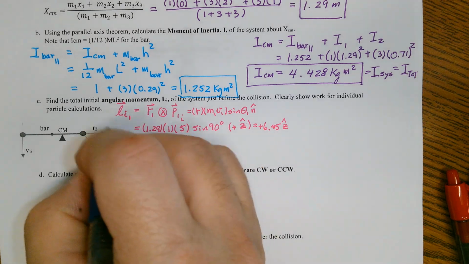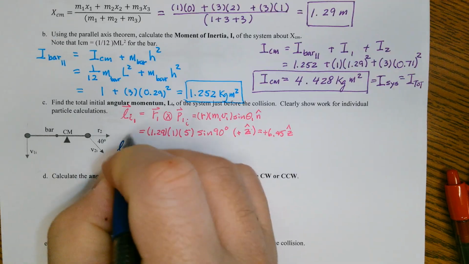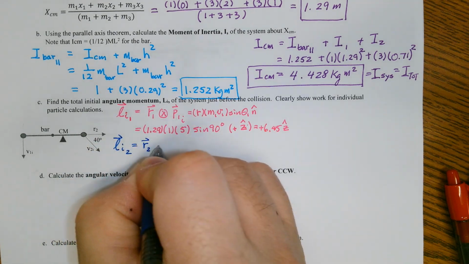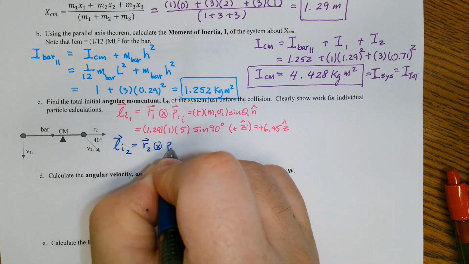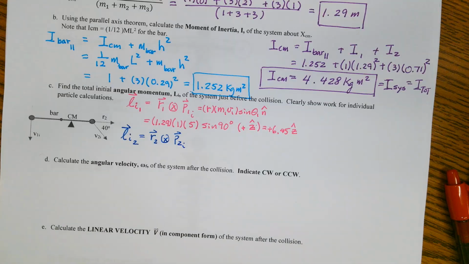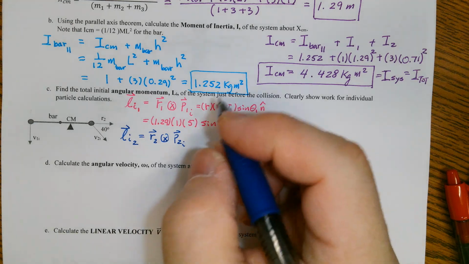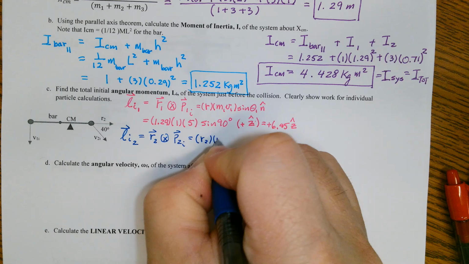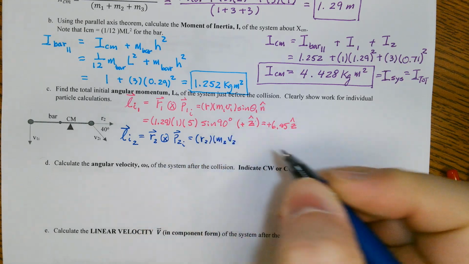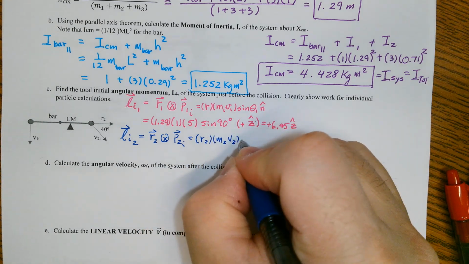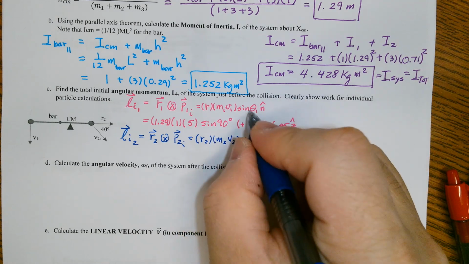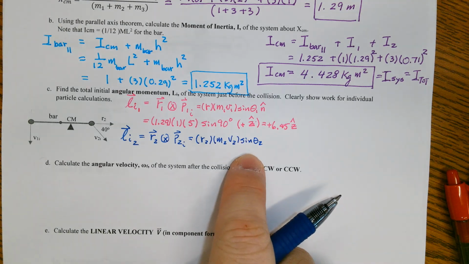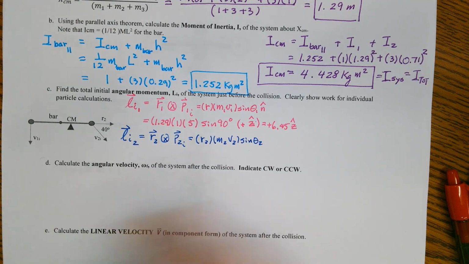Let's think about now L of 2, which is R2 cross P2, which is equal to R2 times M2 V2 times sine of theta 2, n hat. Now theta 2 is not 90 degrees.